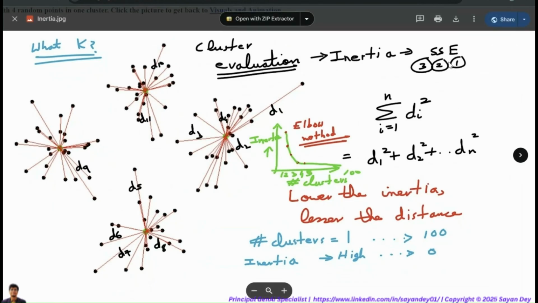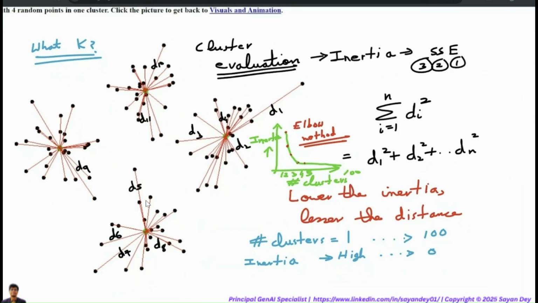When you do clustering, let's say this is the distribution of data points I have right now, and you find out the centroids. Let's say I did k equal to 4 as an example, just to explain how clustering is happening.